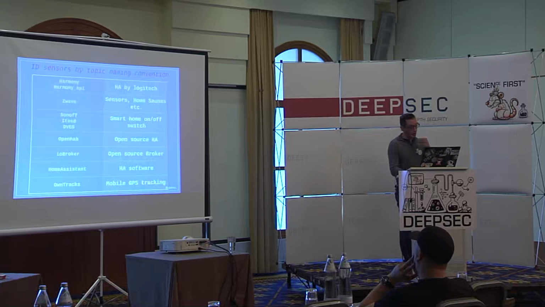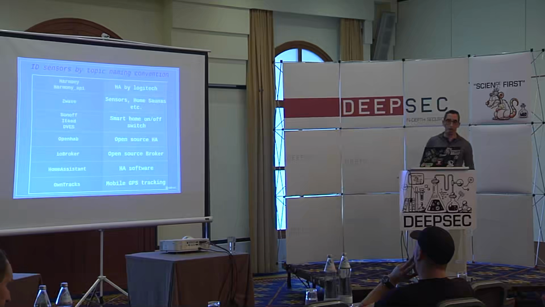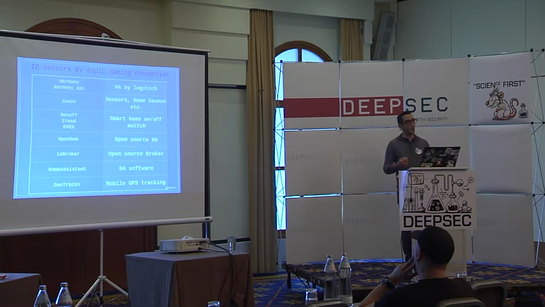Okay. Some common examples for topics that I saw are mentioned here. There are many more, but these are prominent and we see them all the time. We'll focus on two of them. One is OwnTracks, which we'll use in a second. It's mobile GPS tracking. You turn your mobile device into an MQTT client, and then you can track your kids, maybe your spouse or whatever you need.